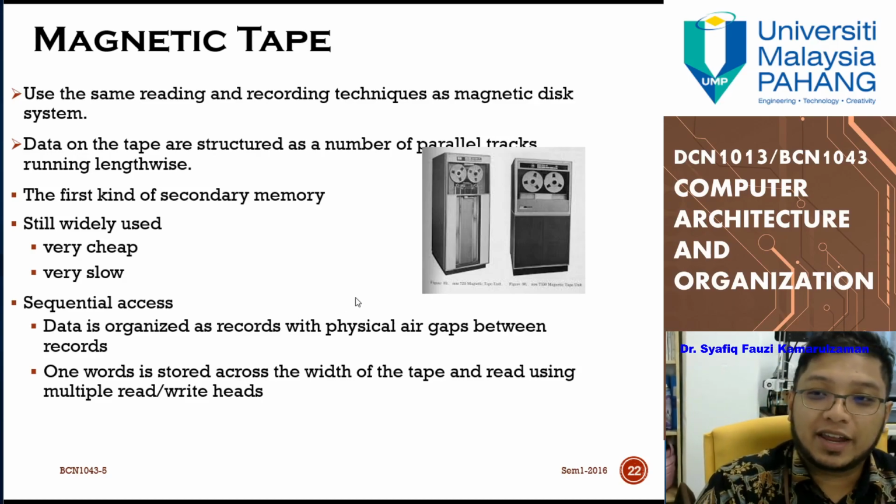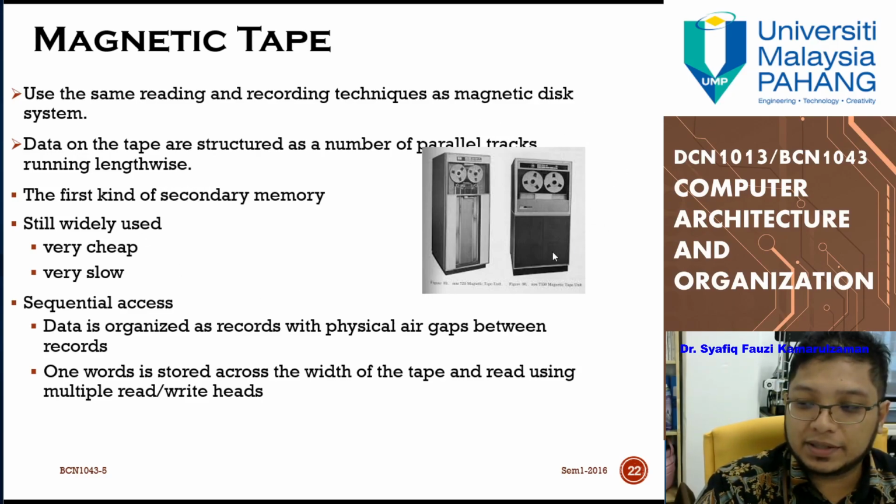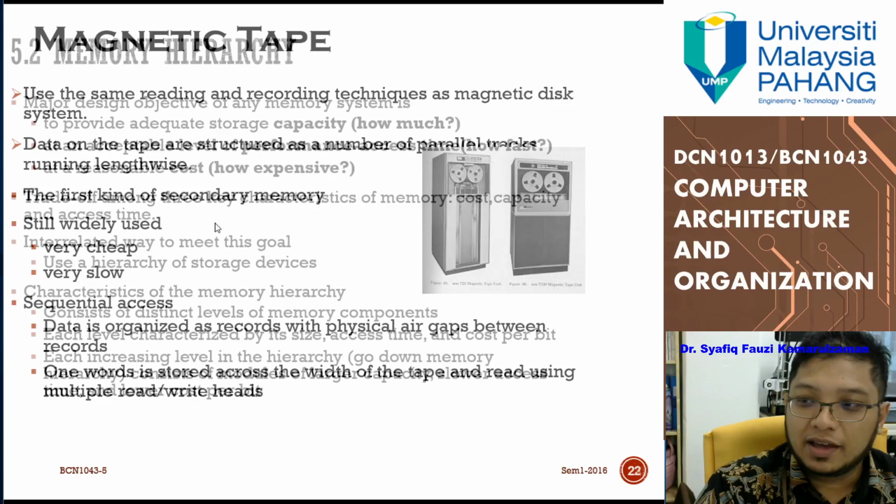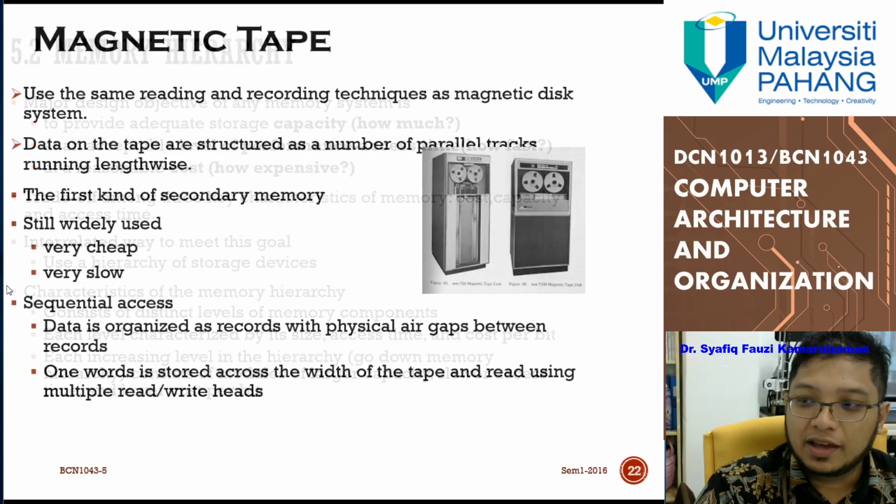This is one way a PC is used to read the tapes. The tape is inserted inside the machine so that it can read the data inside the tape itself. This one is very slow and very cheap, and retrieving the data is time consuming.